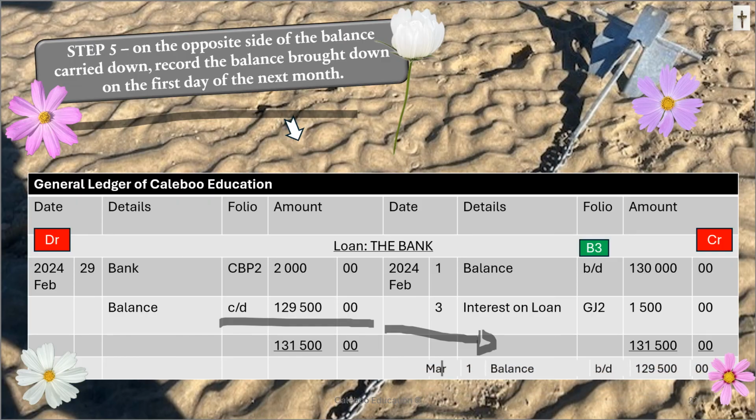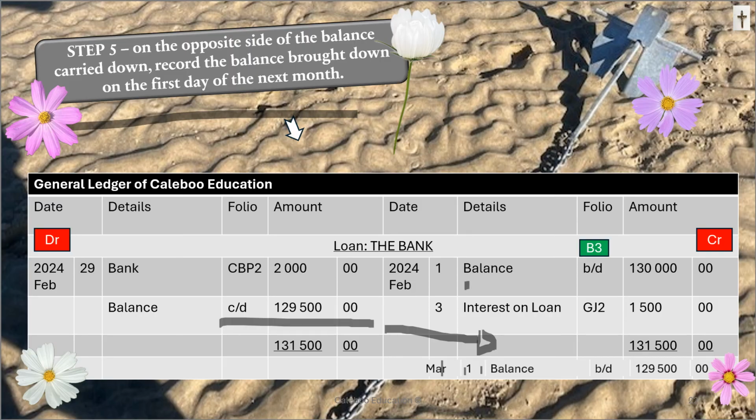And there it is. March the 1st, the balance brought down is 129,500. Now what this means is when March starts, we owe the bank 129,500 Rand after the transactions that took place in February.